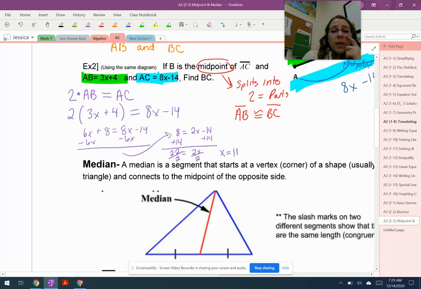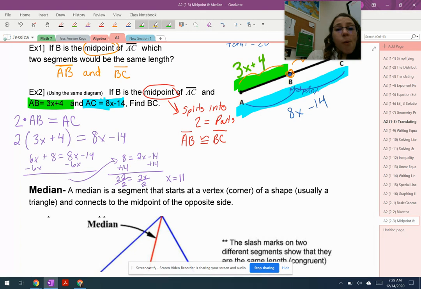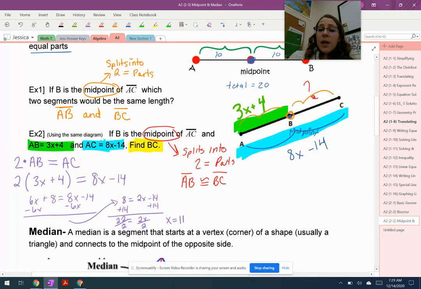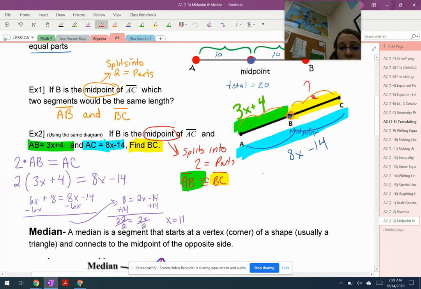However, just keep in mind that we haven't answered the question yet. We have x equals 11, but they were asking me to find what BC was. BC, we know, is the same length as AB. So we can use the AB expression to find the length of BC. So BC is equal to AB.